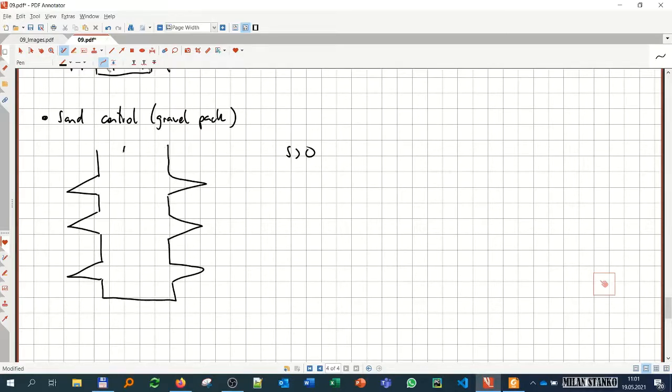But to avoid sand production, I put a lot of sand of different sizes that allow to filter, and keep the sand from the formation, from the reservoir there.